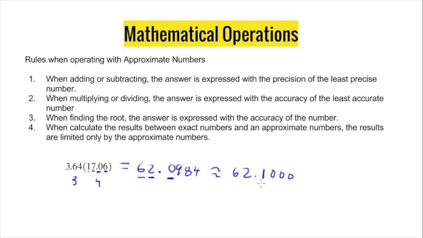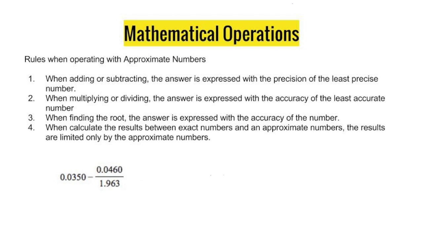Now, since we know that we were only rounding to the third significant digit, which in this case happens to be in this position here, these zeros are not needed. So our answer is simply 62.1.